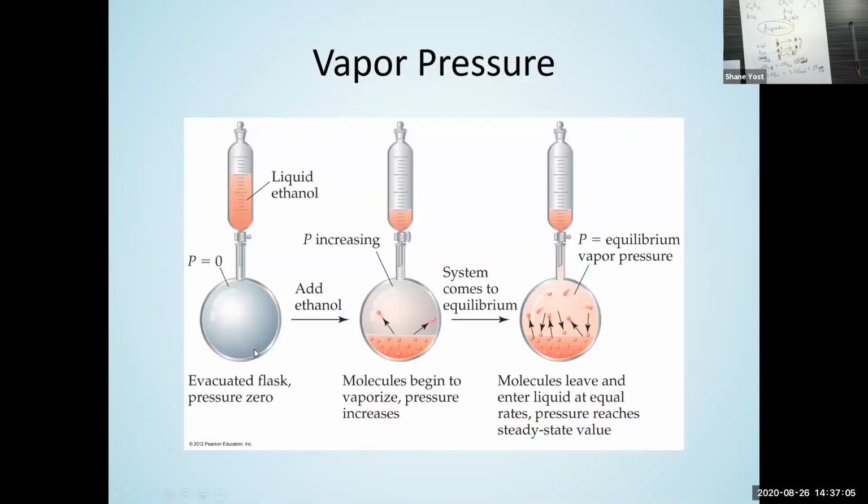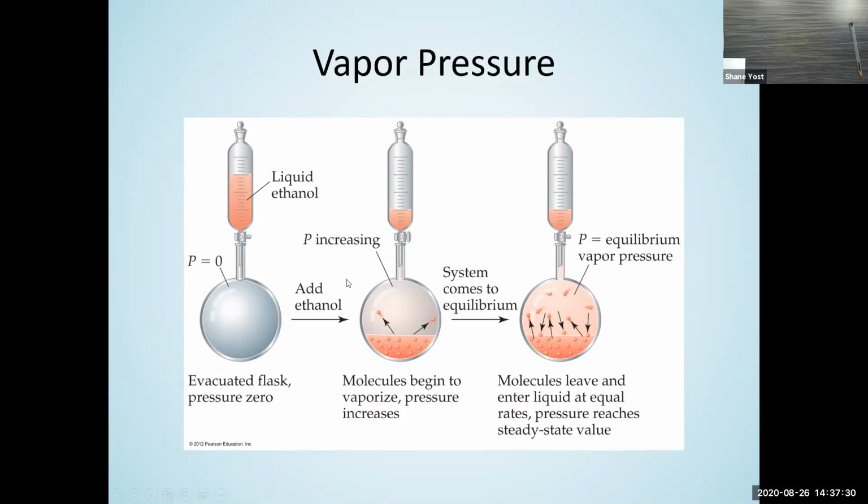All right. So let's talk about vapor pressure, relating to phase changes and boiling points and so on. So what is vapor pressure? Vapor pressure is the pressure exerted by some gas in, say, a closed container.